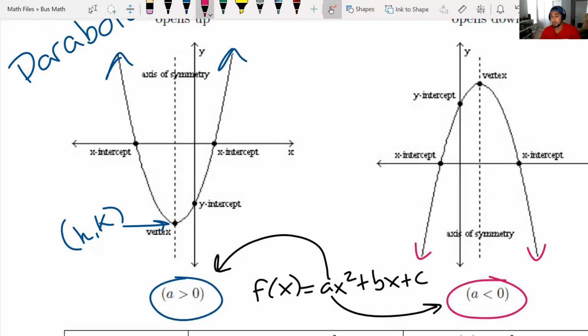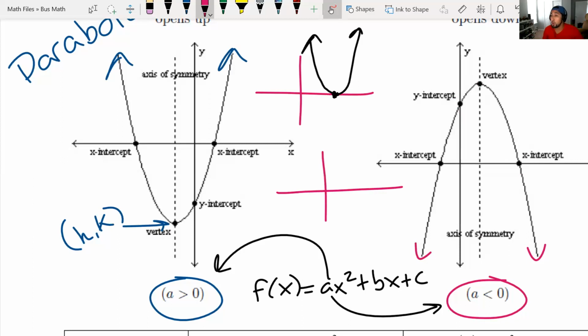And when I say you may have one x-intercept or no x-intercept, here's what it would look like. A graph with one x-intercept could look something like this. You come down, you touch the x-axis, and you go. You only have 1 point on the x-axis, so one x-intercept.